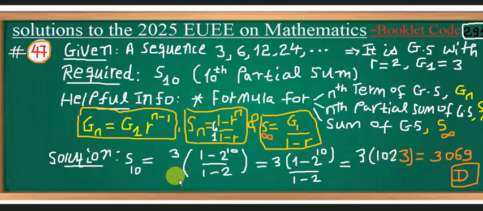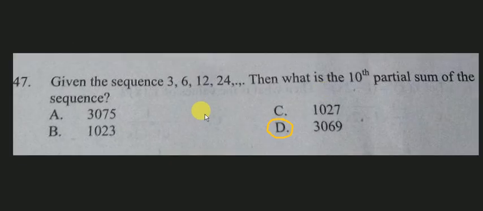Since there is a negative 1 in the denominator, the negative cancels, and the 3 was a factor outside. If we multiply 3 times 1023 we get 3069, and this is choice D.